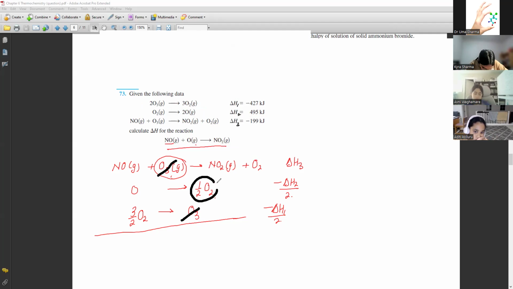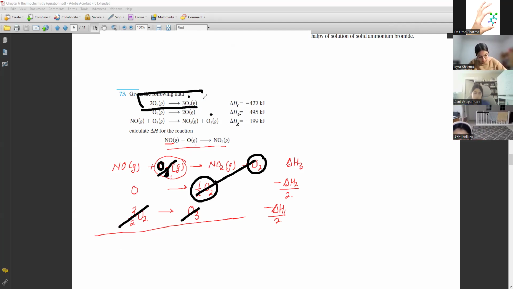Half O2 plus O2 is how much? 3 by 2 O2, and then that can cancel. I rejected O2. I said, don't worry about O2 because it's here also and here also. So that's the reason it's better to note that equation 3 has O3 here. So you better start checking O3, which is part of this equation.